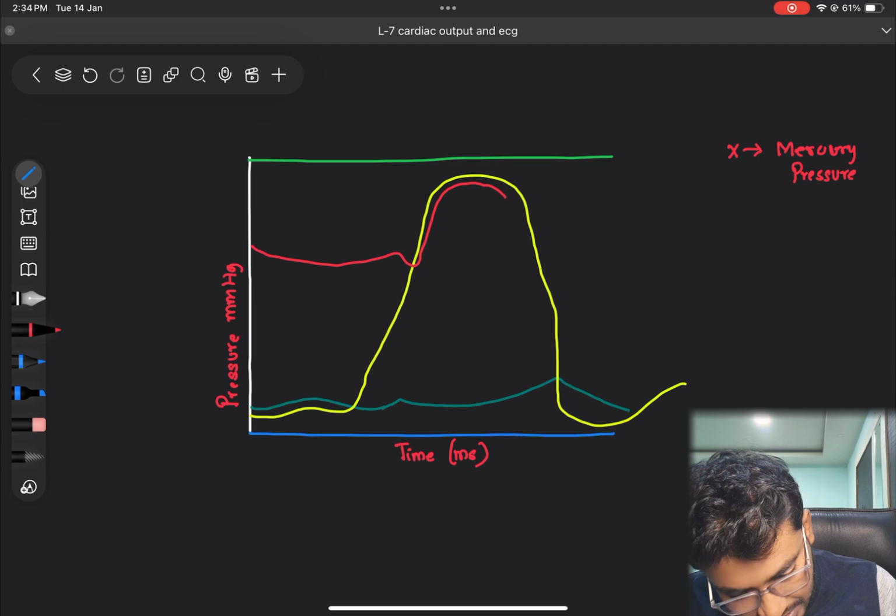Generally, this graph is followed in normal patients.